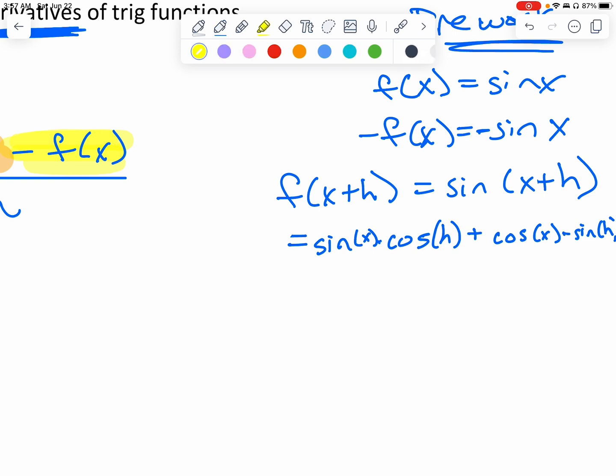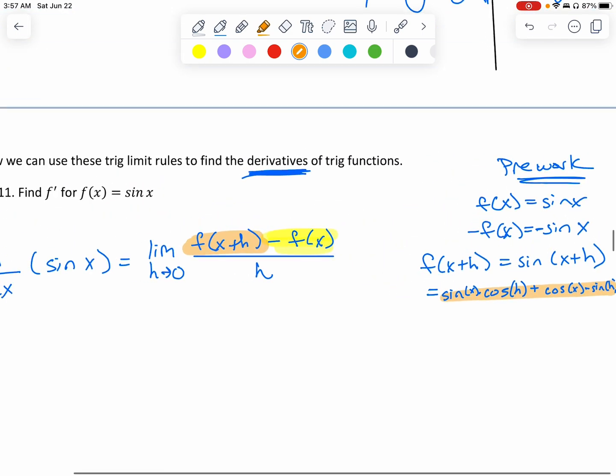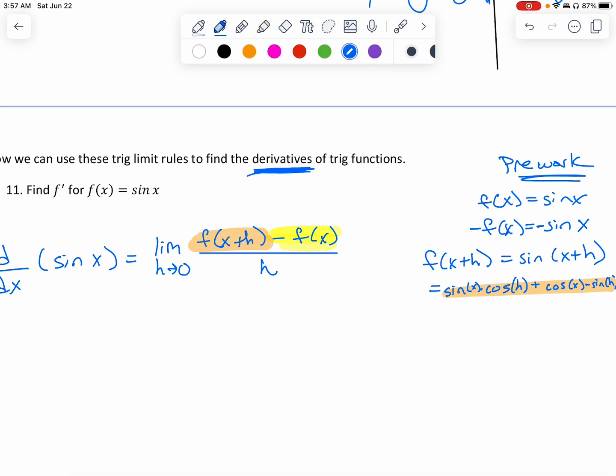So that is going to go into the first part of that numerator for the derivative. So now let's substitute in.